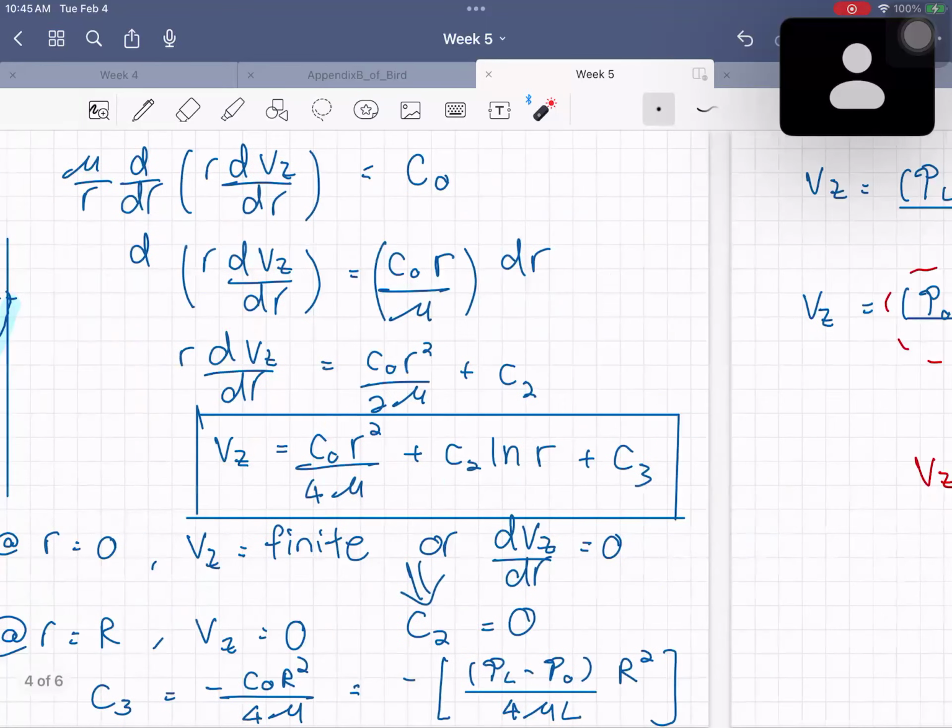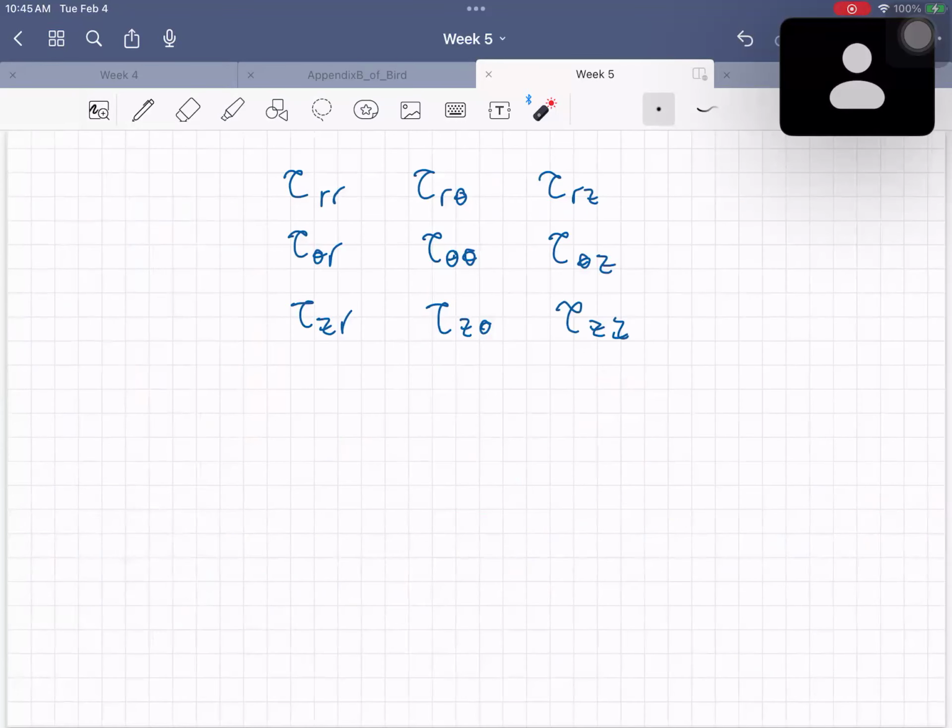All right. So out of the 9 components right here, we will have this component tau RZ. What about the rest of the 8 components? Do we have, let's say, tau ZR? Tau ZR means momentum in R direction transferring in Z direction. Do we have a momentum in R direction?